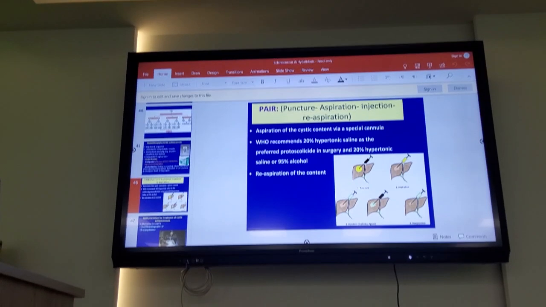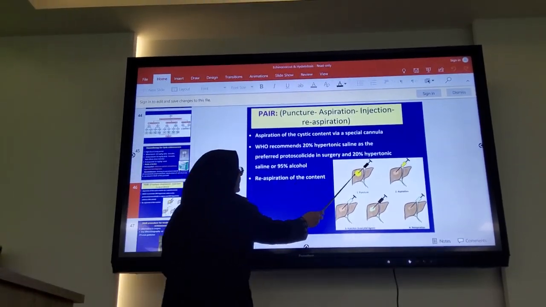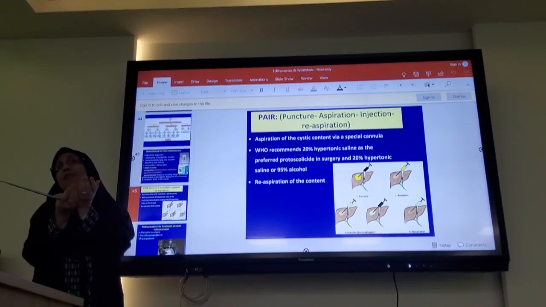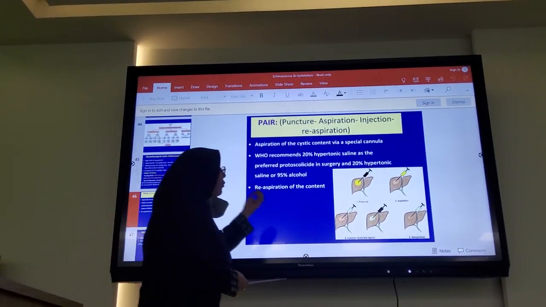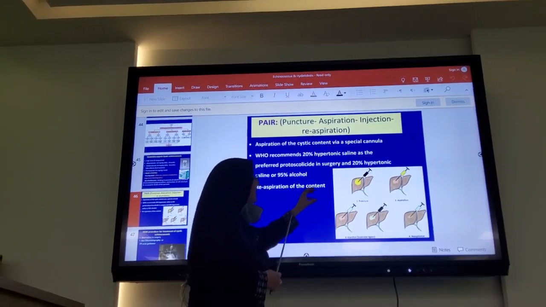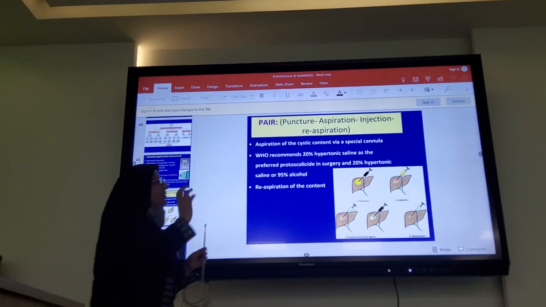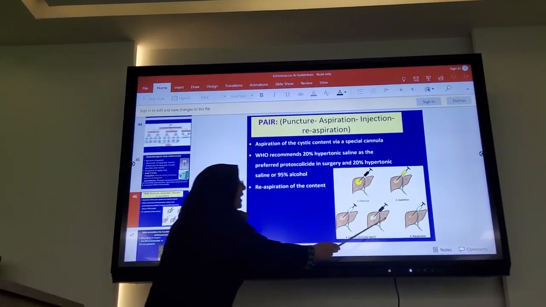The cyst is punctured and it is full of fluid. The fluid is aspirated, and a fluid which has an anti-protoscolic effect is inserted. After several minutes, it is re-aspirated.